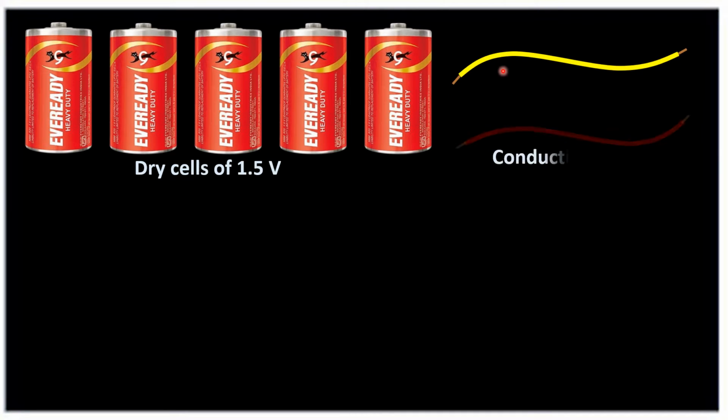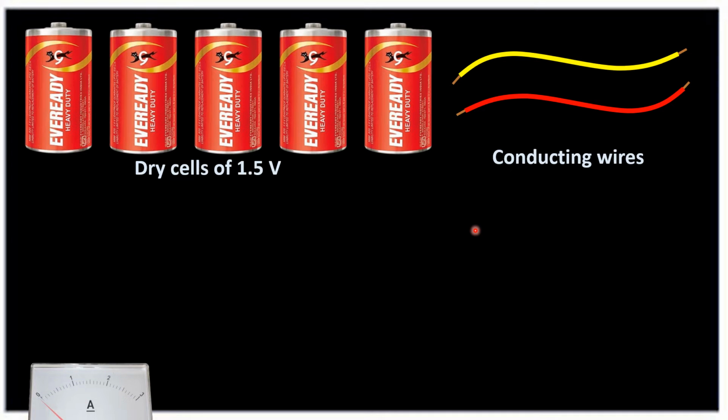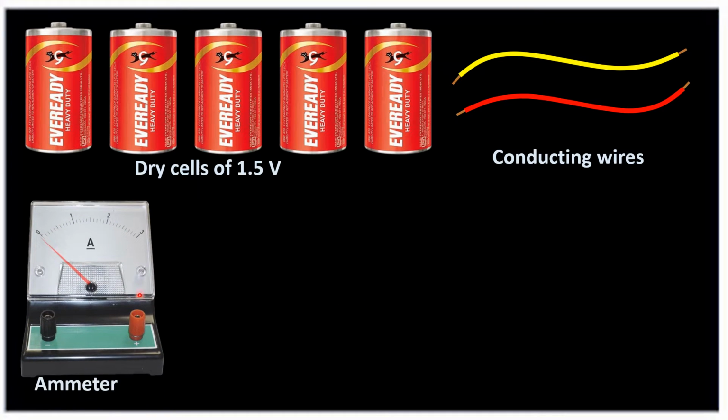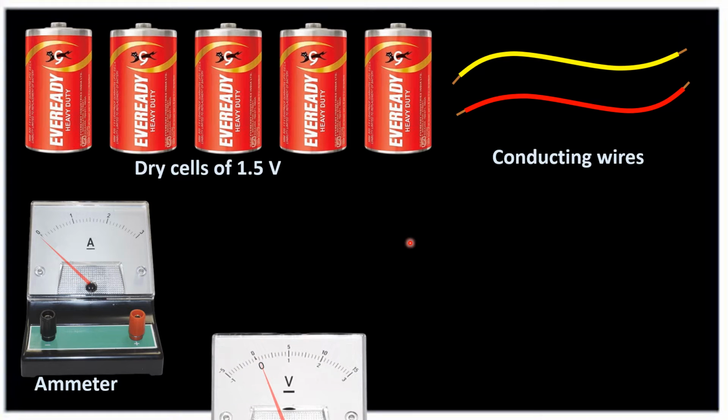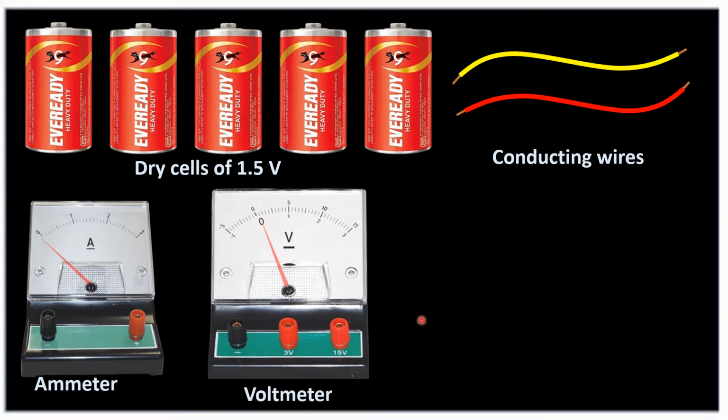and these are the conducting wires. Next, this is an ammeter. An ammeter is a device which is used to measure current in a circuit in amperes. Similarly, here is a voltmeter which measures the potential difference across the two ends of a conductor in volts.